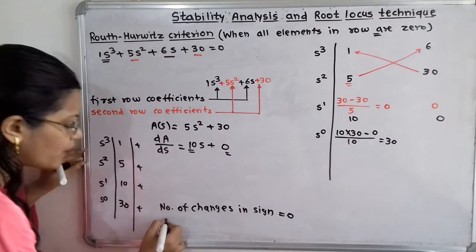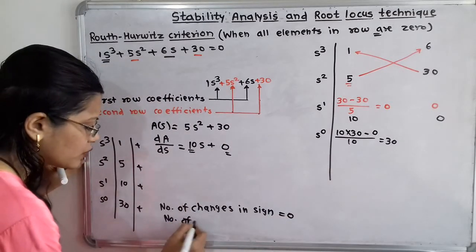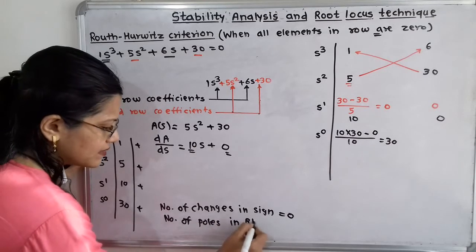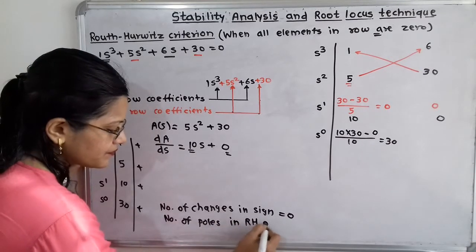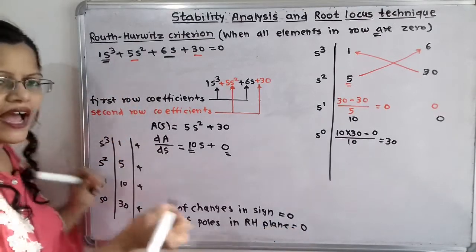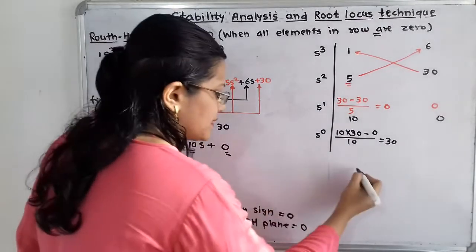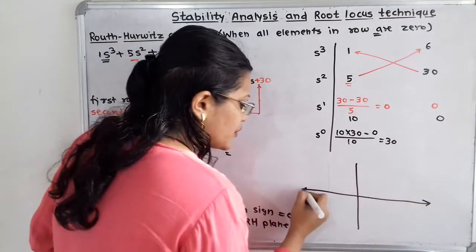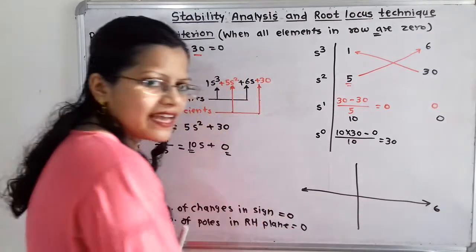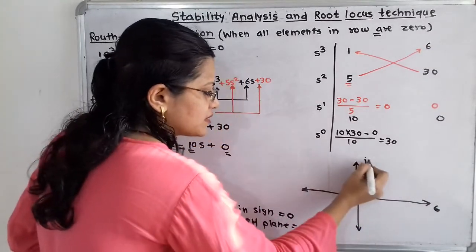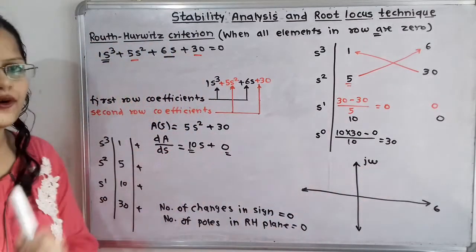So the number of poles in the right hand plane is also equal to 0. Now I will show the S plane. We know that this horizontal axis is the real axis, which we show by sigma, and this vertical axis is the imaginary axis, which we show by j omega.